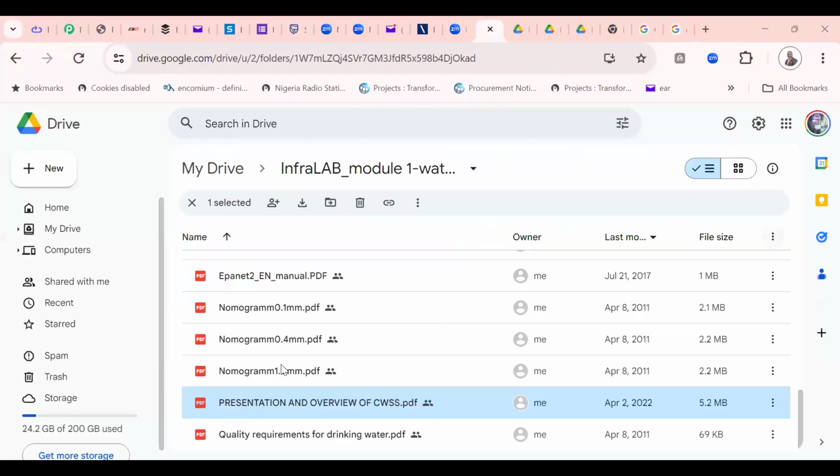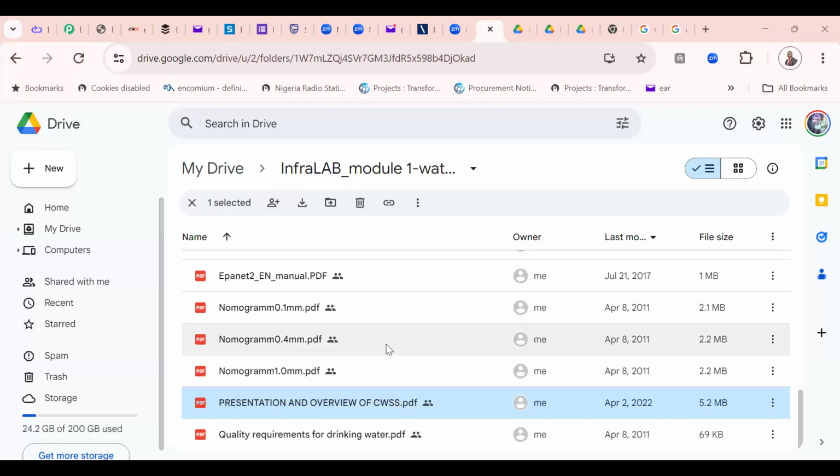So in your material, there is what I call a nomogram. You can download any one online. In fact, last time I downloaded one from US Highway. So this is a nomogram. Nomogram 0.1, nomogram 0.4, and nomogram 1.0. 1.0 is for concrete pipe. You don't need it again. 0.4 is for ductile iron.